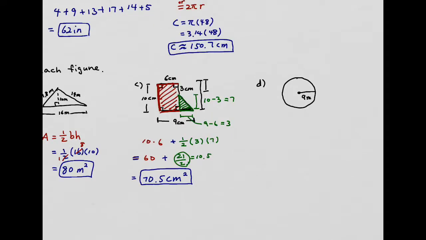If we do one more with the circle, finding area. Again, we need to remember this formula for finding area for the circle. Area is pi r squared. So when you're looking at the given graph, you see that your radius is 9.